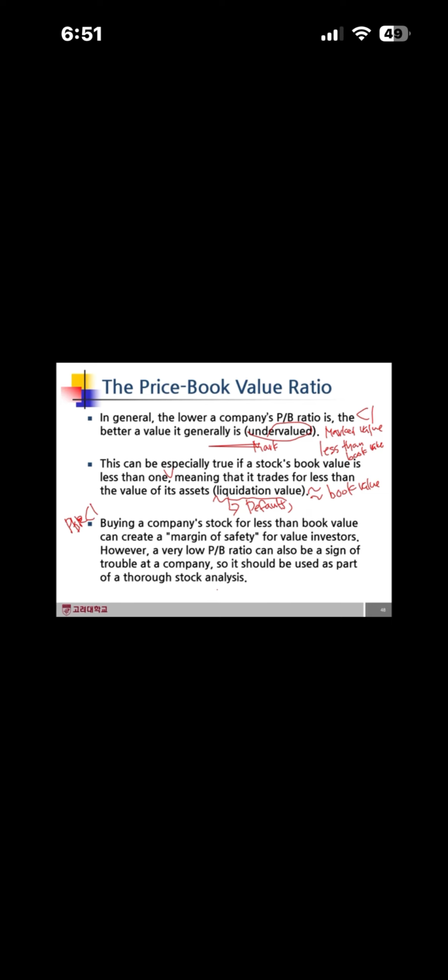It should be used as part of a thorough stock analysis. If the company's PBR ratio is less than 1, it can indicate that it's really undervalued, or at the same time, it can suggest that the company has a really big problem. So you have to conduct a deeper analysis to find out why.